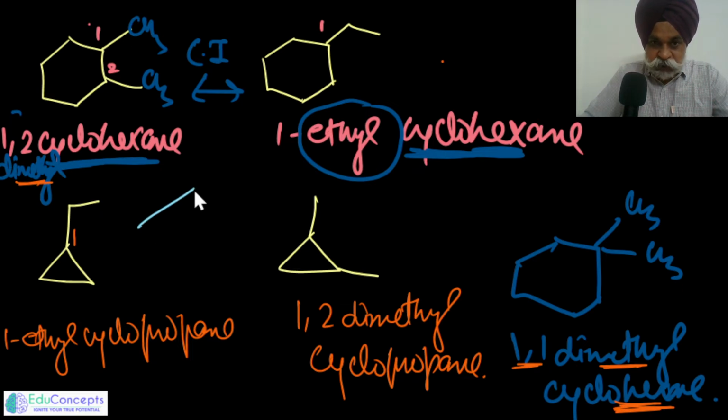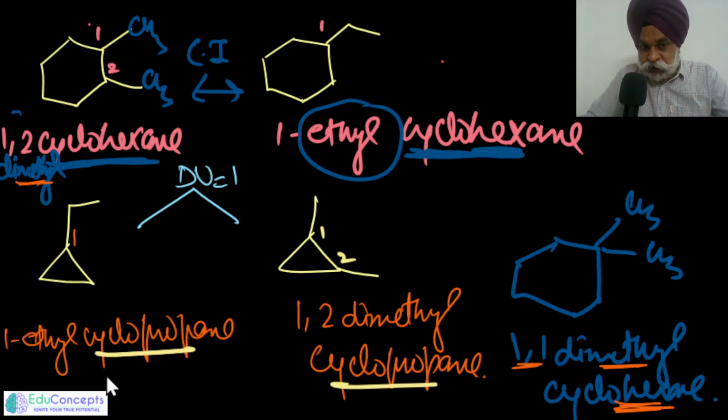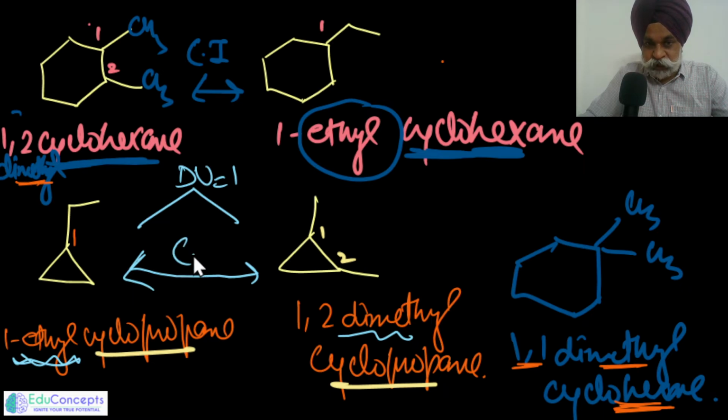By the way, we keep on writing the degree of unsaturation also, because for the structural isomers it would always remain the same. So it is 1, 2-dimethyl. So cyclopropane is the same, but the length of the substituent chain got different. So these would fall under the category of chain isomers. I think I made my point clear about how the chain isomers are to be placed.